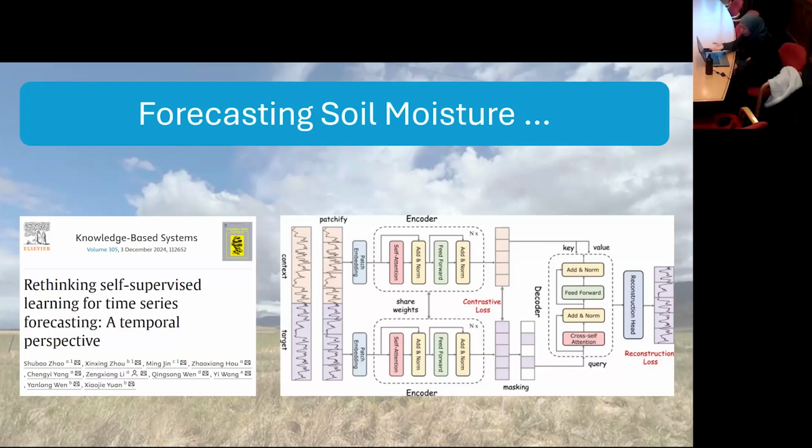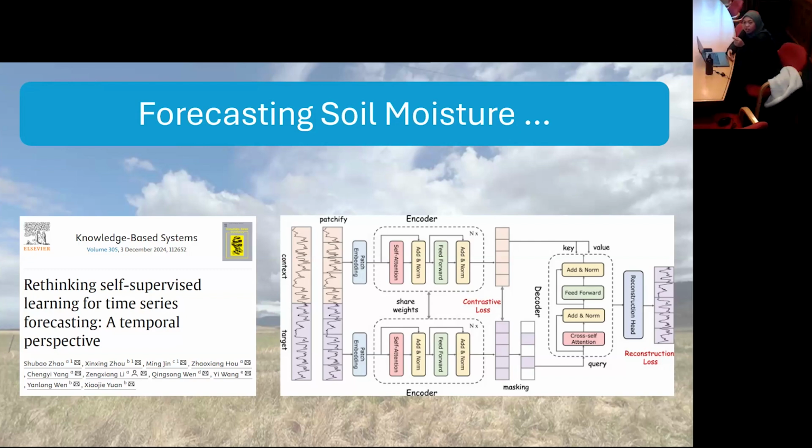So we use the approach that was introduced in this paper. Basically, they separate the soil moisture time series data into a context and a target, and then they use the context to learn the pattern of the soil moisture.